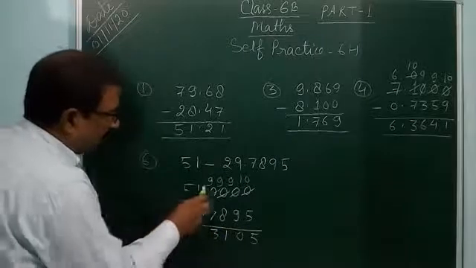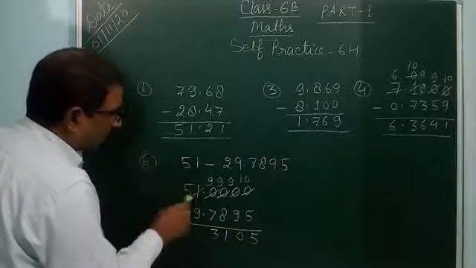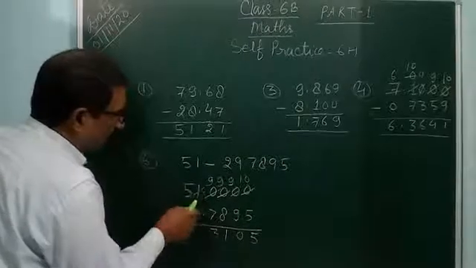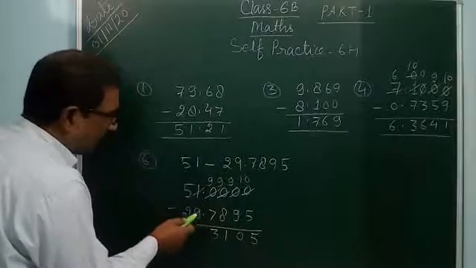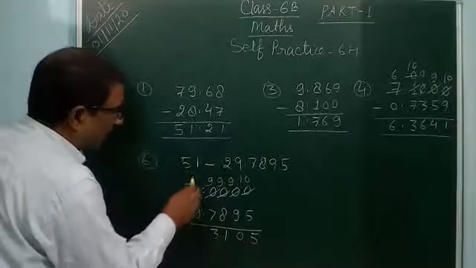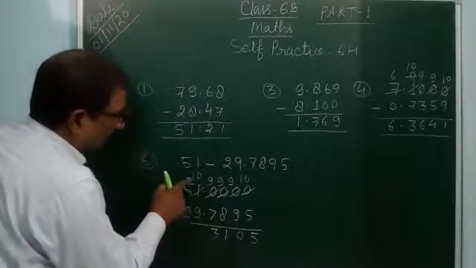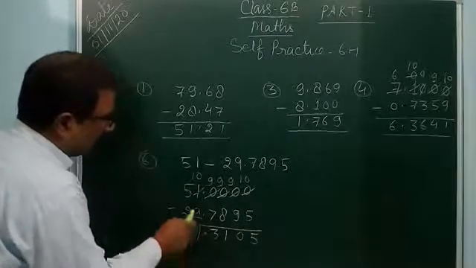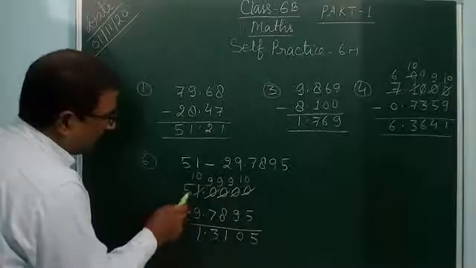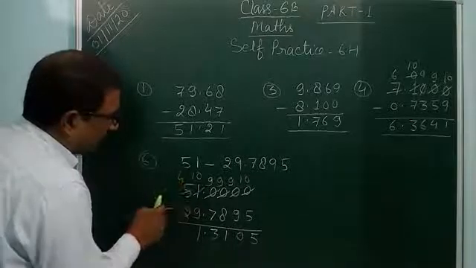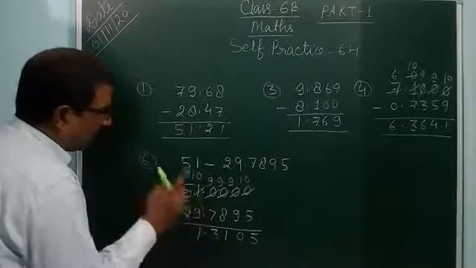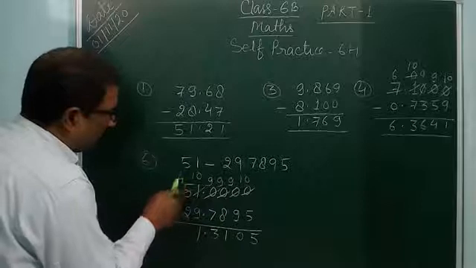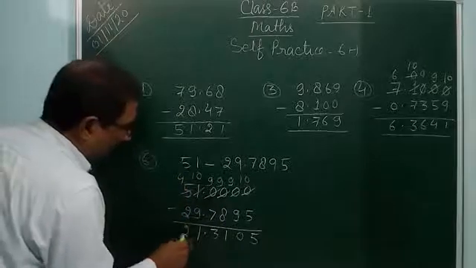After that here it will be 0, but 0 minus 9 cannot go, it will be 10. So 10 minus 9, 1. You put decimal here. And here it will be 4, because one borrow has been given, so 4 minus 2, 2.